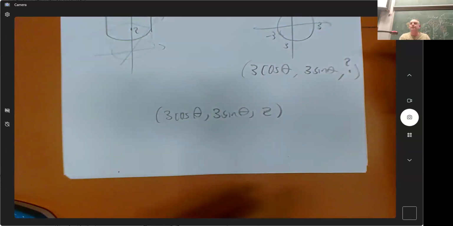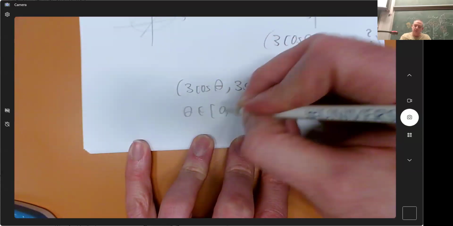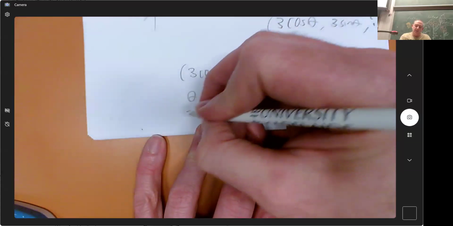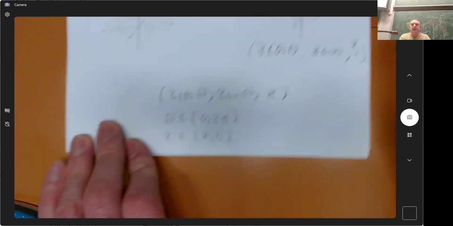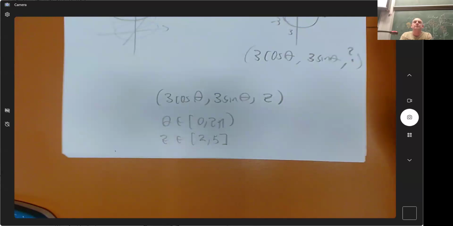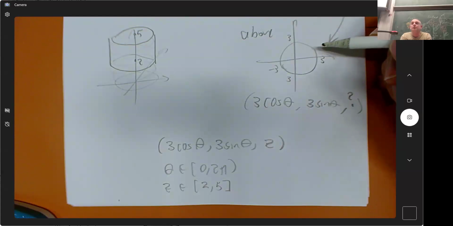And so it's just z. And so I have that theta goes from 0 to 2 pi, and z goes from 2 to 5. And that is my parameterization. I can have any z coordinate I want. It's great. It's grand. But it was based on making the circle.